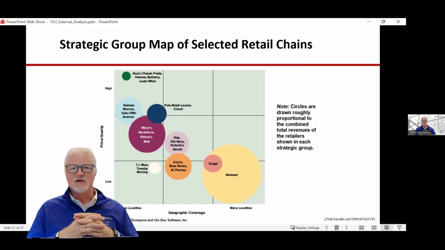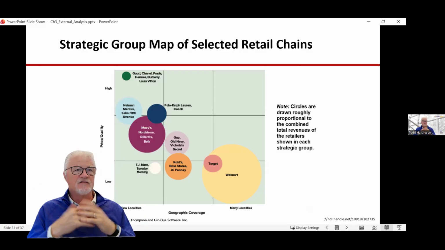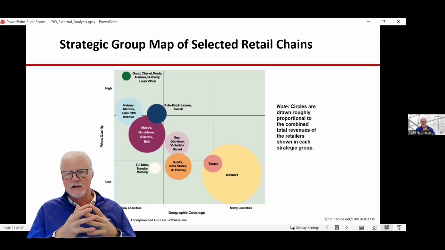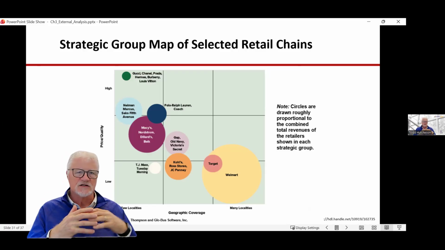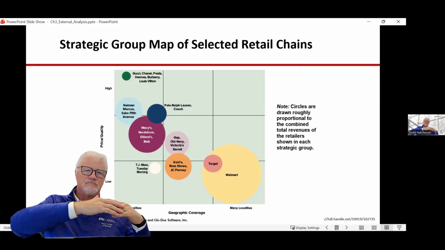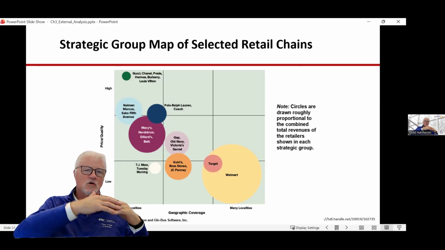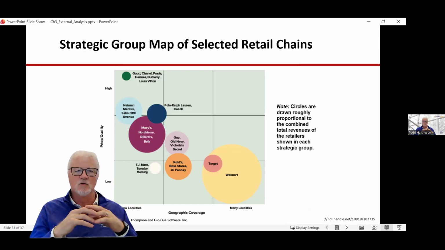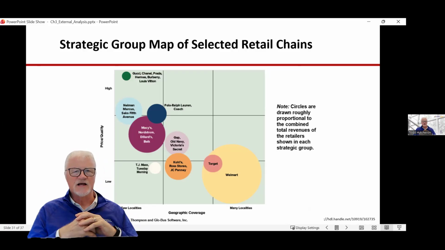A couple of things to note on this. The axes are not the same. Strategic group maps can have just about anything that your group considers important. In this case, they chose price and quality versus geographic coverage, but you could choose service capability versus price, or quality versus cost, or whatever's important in your business.